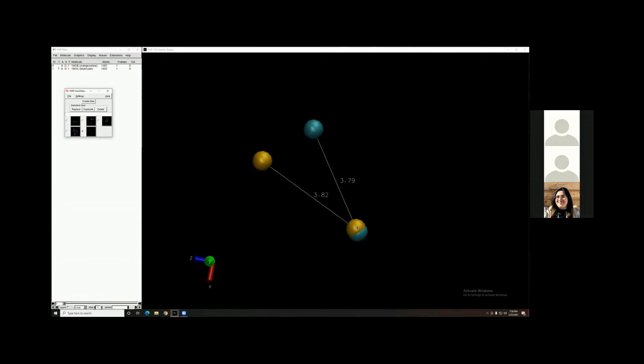While in 1 MOB, the bond length between the alpha carbon of tyrosine 151 and glutamine 152 is 3.82 angstroms, which is shown by the orange. So what we found is that MOB had a longer bond length than MOC.